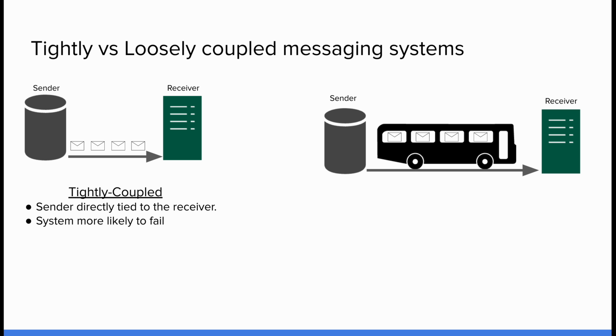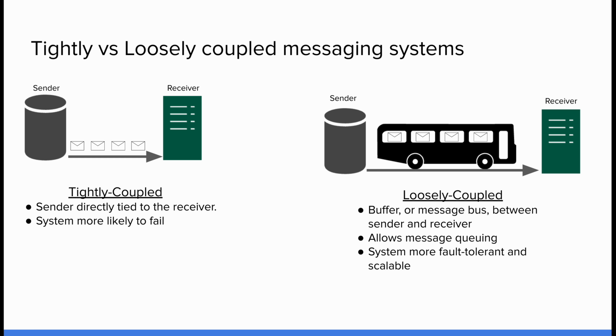The sender can send as many messages as needed without worrying about whether the receiver is ready to process them immediately. This design allows the system to be much more fault tolerant and scalable, because if the receiver is temporarily unavailable, the messages can wait in the queue and the receiver can process them when it's ready. So this is called a loosely coupled system, and it is more fault tolerant and scalable.